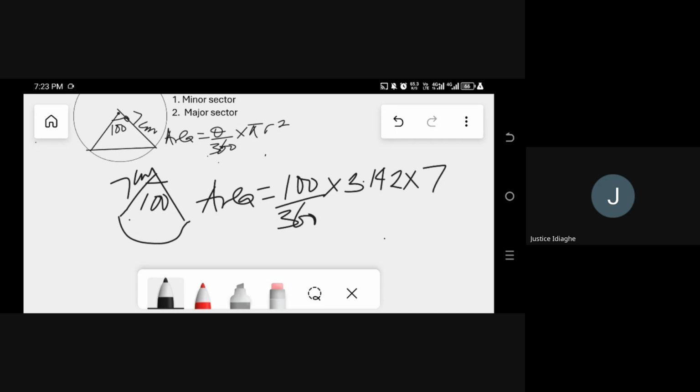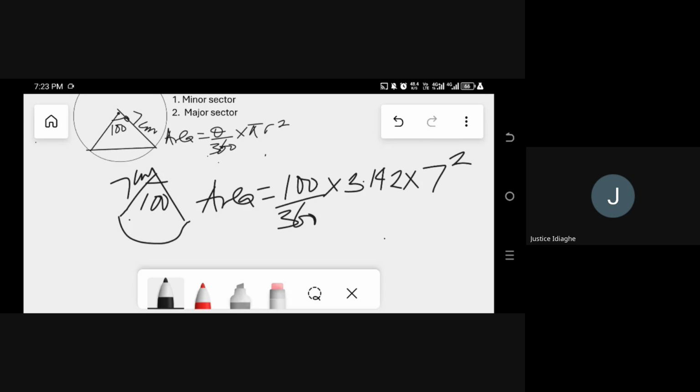So 7 squared, or you can just say 49 if you like. So theta over 360 times pi radius squared for the minor sector, that's 100 over 360 times 3.142 as pi times the radius squared, that's times 7 squared, or you can say times 7 times 7.